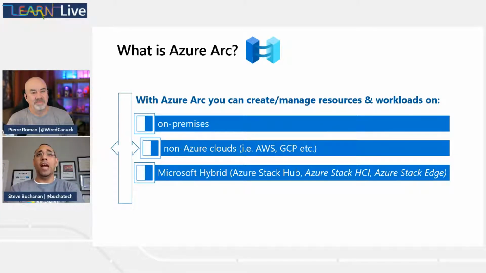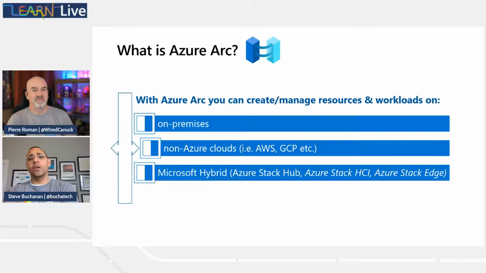So if you're running Azure Stack Hub, if you're running HCI, or you're running some Edge, Azure Arc can extend there and has deep integration to help you bring some of those management capabilities and some of the Azure functionality that you may not have yet in an Azure Stack Hub or Edge, bring those to those environments, if you will.